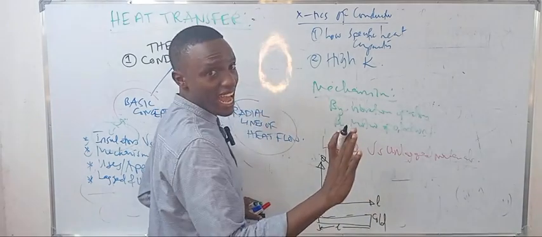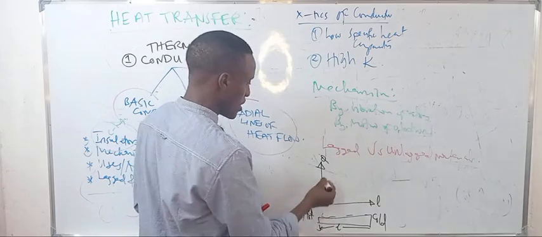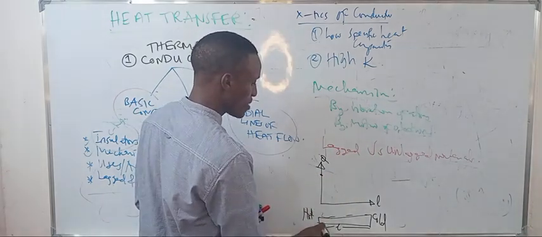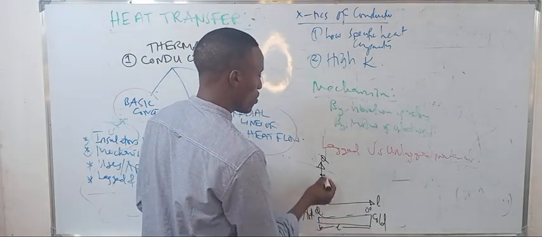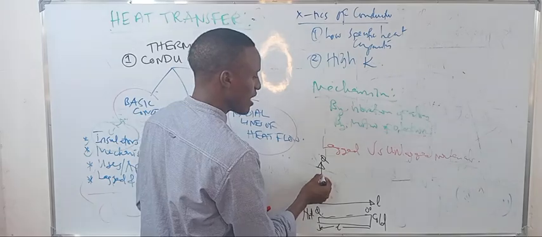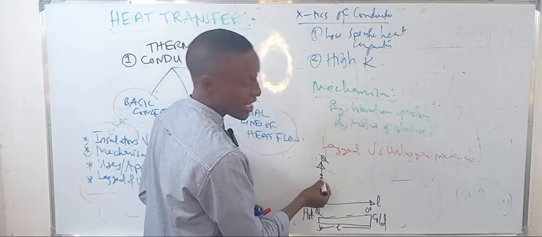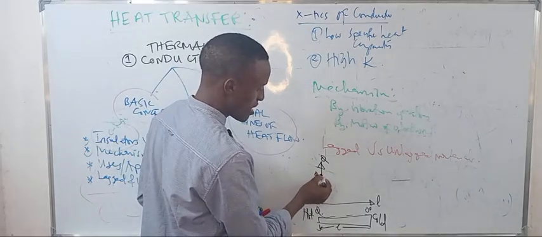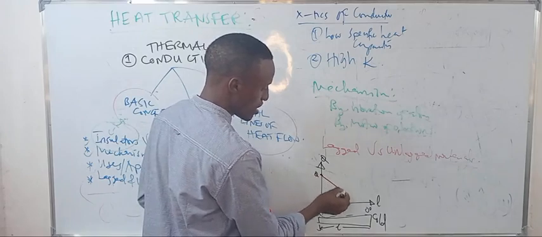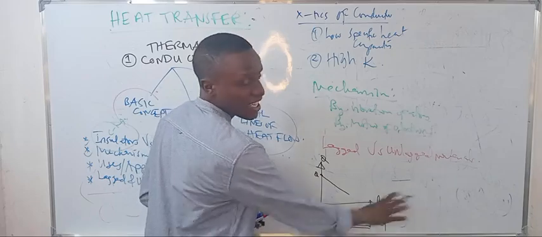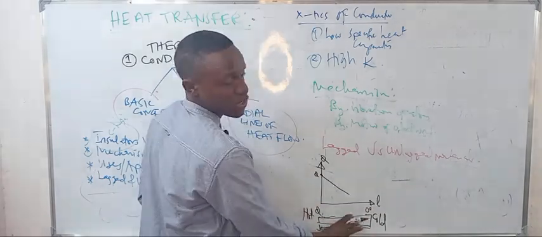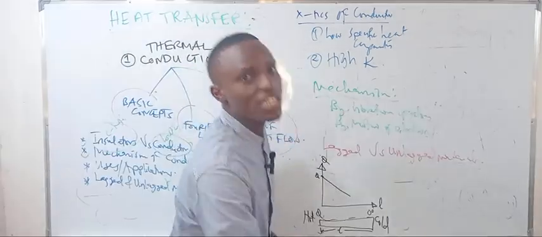If here is hot, having temperature theta, and here is cold, 0, then as the temperature moves from theta to the cold junction, as the length increases, the temperature tends to decrease, but linearly.